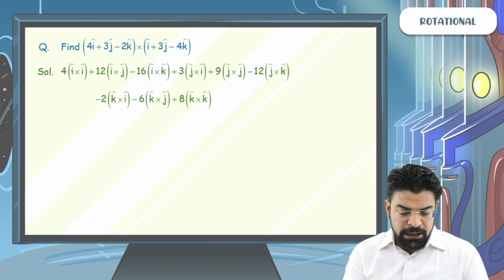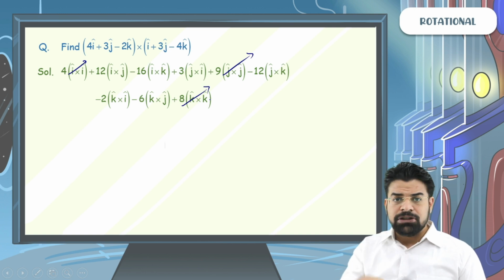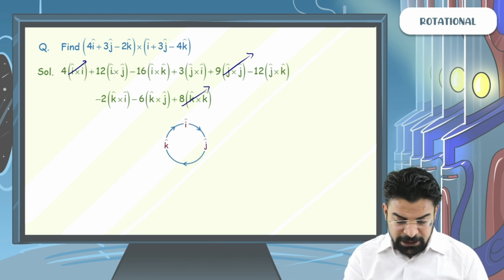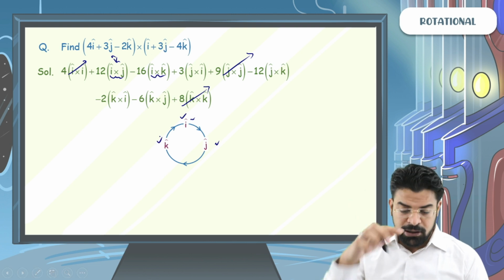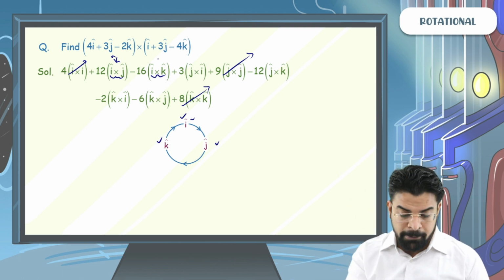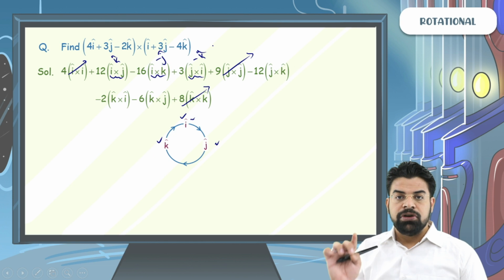Now we know that i cross i, j cross j and k cross k have to be equal to 0. And for the rest of them, we can use the vector circle. I cross j will be plus k cap. I cross k, you have to go from i to k, anti-clockwise. So i cross k will be minus j cap. Similarly, beta, j cross i will be minus k cap, and you can substitute each term.